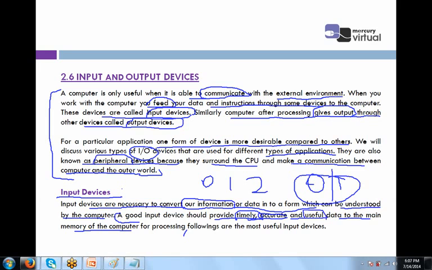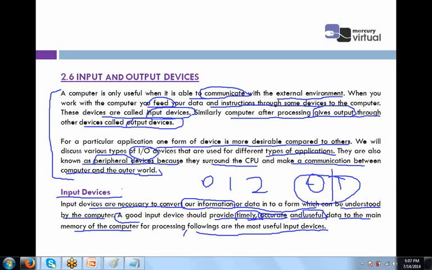Useful means effective data to the main memory of the computer for processing purposes, that is done by the CPU. Now let's see what the categories of input devices are. Input devices are basically used for inputting the data, means how to enter the data into the computer system. Now let's see types of input devices.